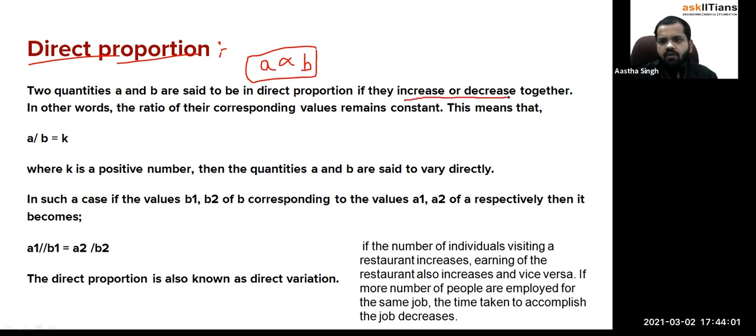If they increase or decrease together, in other words, the ratio of their corresponding values remains constant. It means A upon B will be some constant. That is, A is equal to KB. This means that A upon B is equal to some constant.